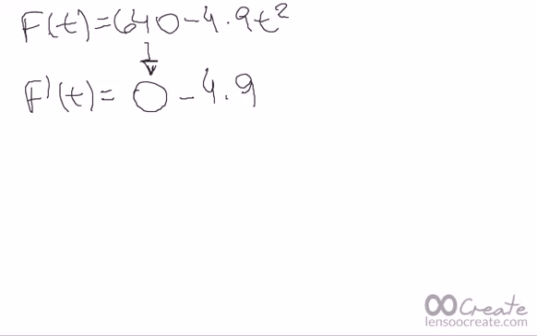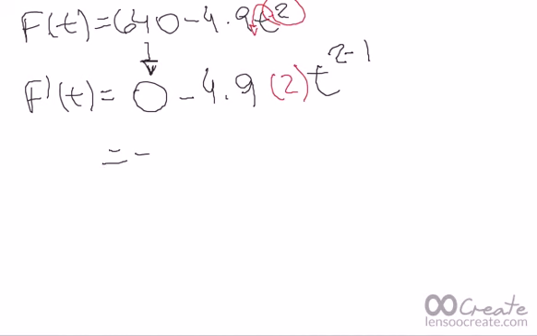For any exponent, we can take the exponent, in this case 2, and bring it down. So we do 2 times t, and then the exponent minus 1.